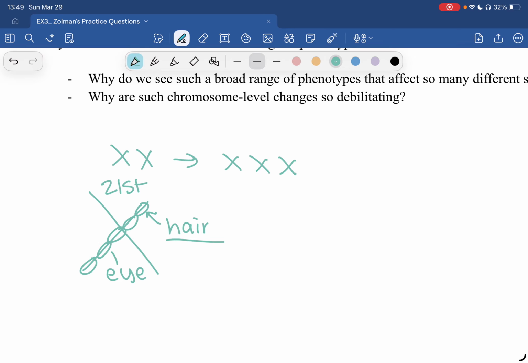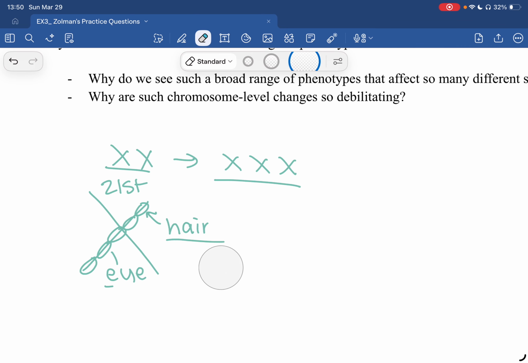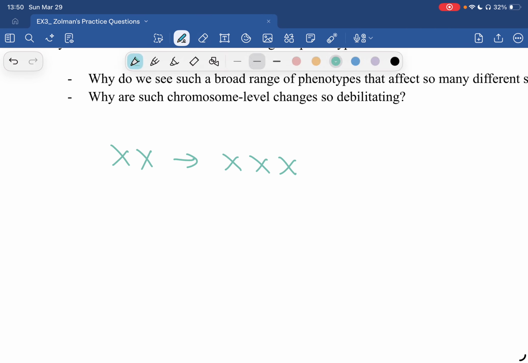Again, this is not at all accurate. The hair and eye color genes would be expressed more than maybe other types of genes because there's 3 copies of them versus 2 copies, which are in everything else. I have no clue what genes the 21st chromosome has, but that's to help you visualize.